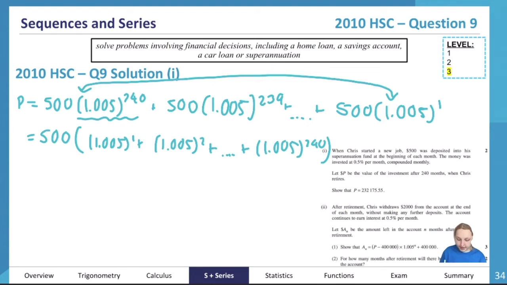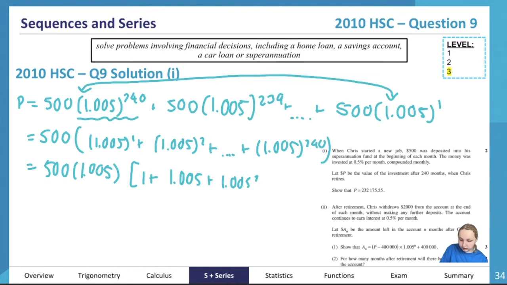From there, take out one set of your 1.005 and you'll get all of that multiplied by 1 plus 1.005 plus 1.005 squared plus everything in between until you get 1.005 to the power of 239, because we've taken out one of them, which is why this is now 239.